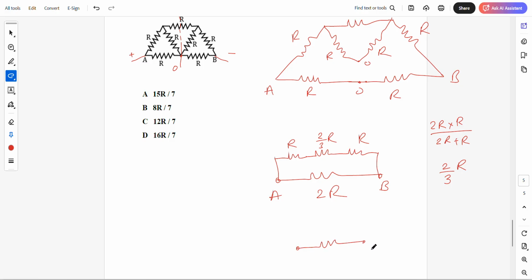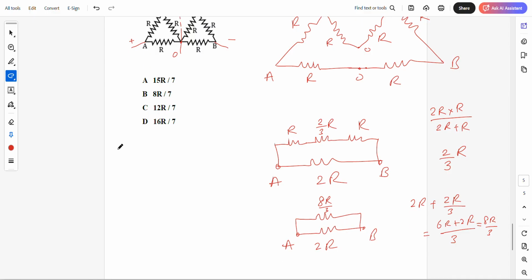This is 2R. If we add it, what does it become? 2R plus 2R by 3, that is 6R plus 2R, 8R by 3. Now 8R by 3 in parallel, RAB is how much?